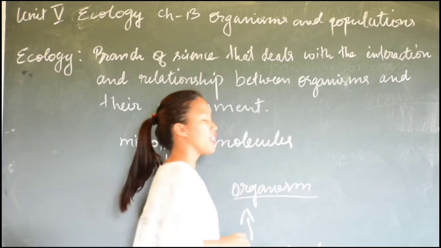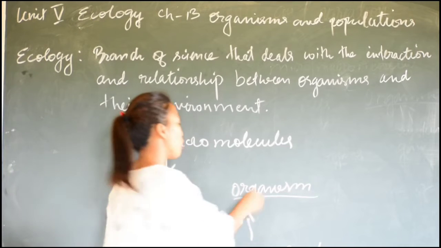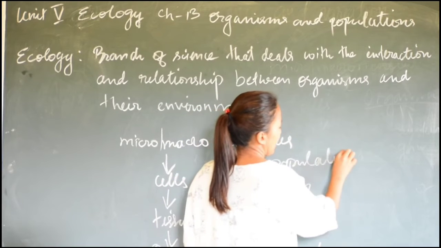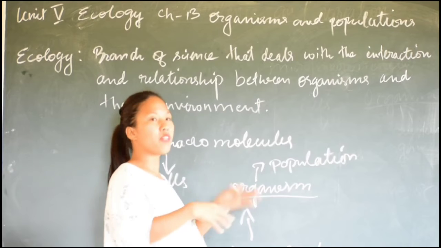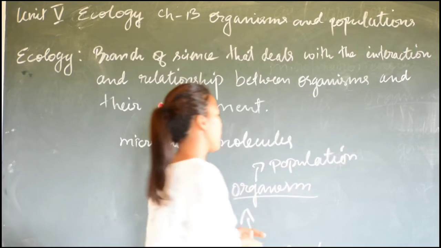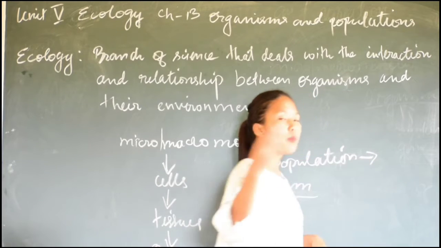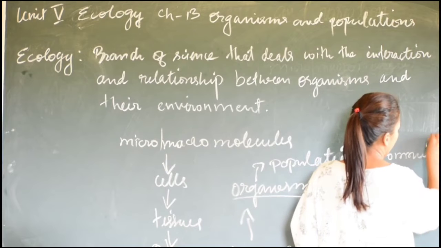Now these individual organisms come together to form a population. For example, if we have a group of deer, then we can call them a population. When 2 or more populations come together, it will give rise to a community.